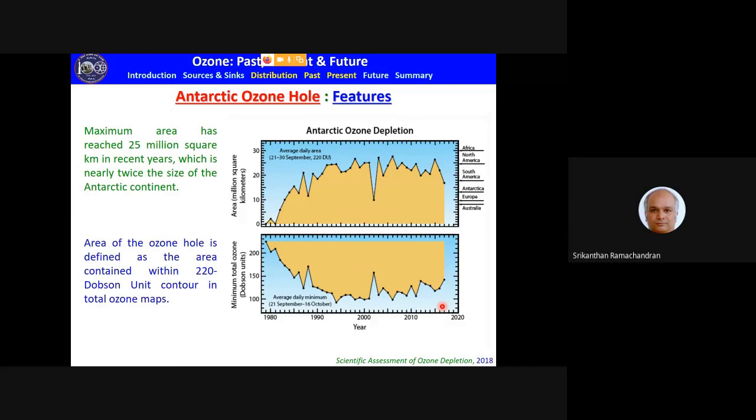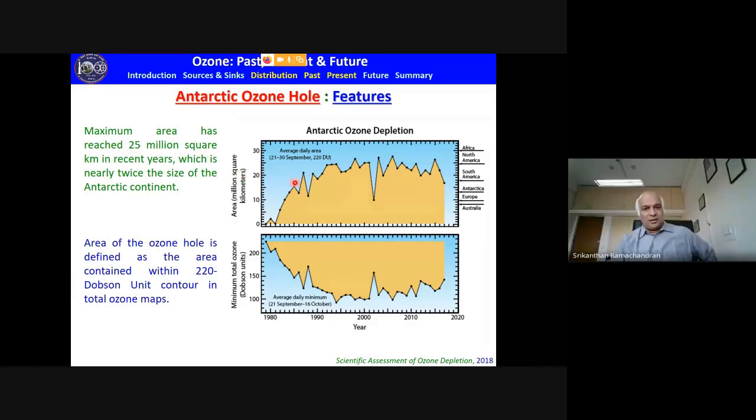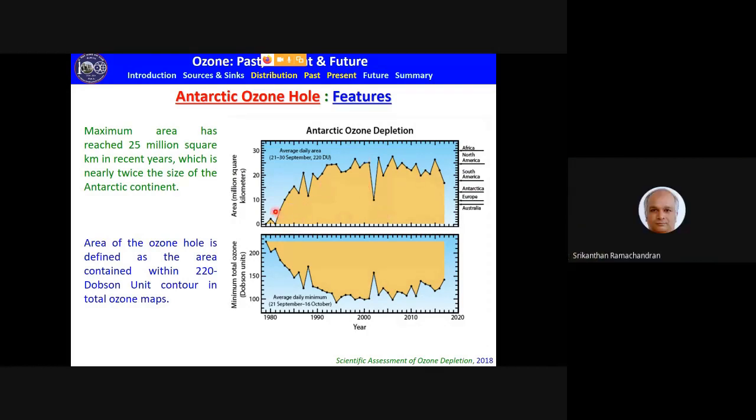Over the years, there have been variations in the amount of ozone depletion over Antarctic and Arctic. The maximum area has reached 25 million square kilometers in recent years, which is nearly twice the size of the Antarctic continent.